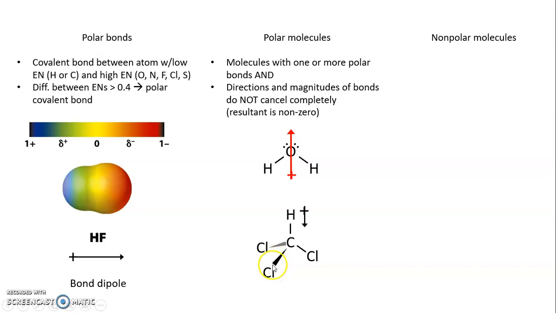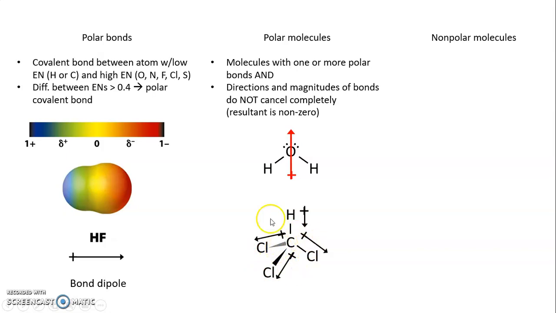So the big end of the wedge is supposed to be closer to you than the skinny edge, and then this dashed wedge, you see the bigger end is attached to the carbon and the smaller end is attached to the chlorine, and that indicates that this chlorine is pushed away from you into the page. So these are kind of equal bond angles, with this one coming out, that one going away, and this one in the plane of the page, and they're all down, they're all below the carbon a little bit.